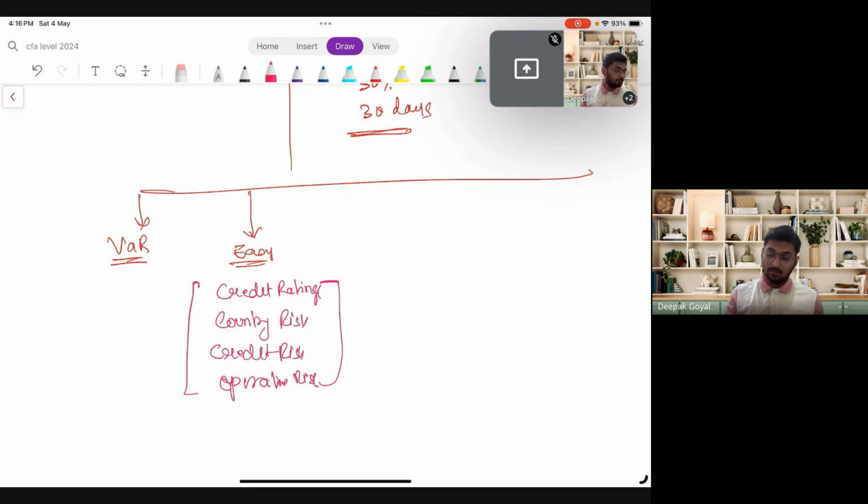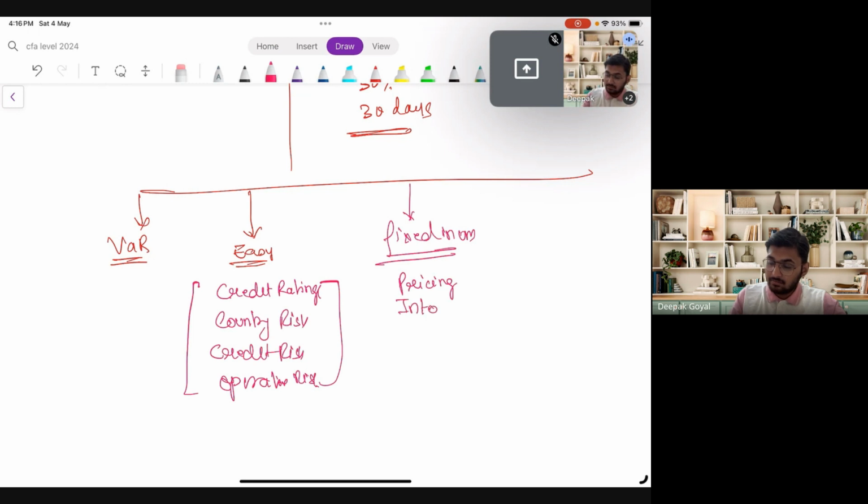Now we have a fixed income block. Clear? In this, we are going to do the pricing, the interest rates, the bond yields, then durations. Clear?